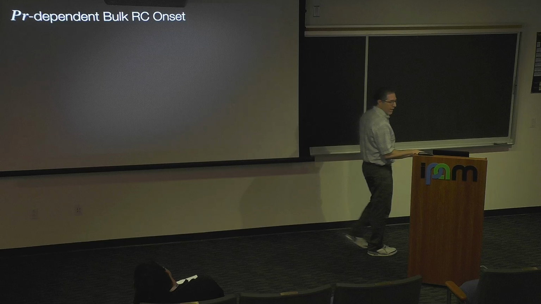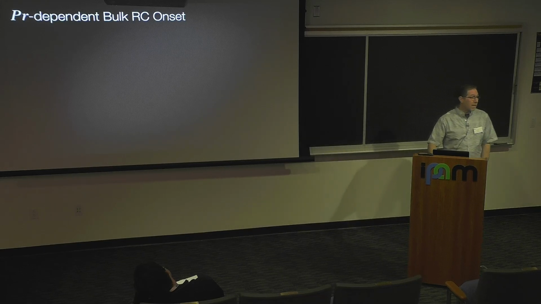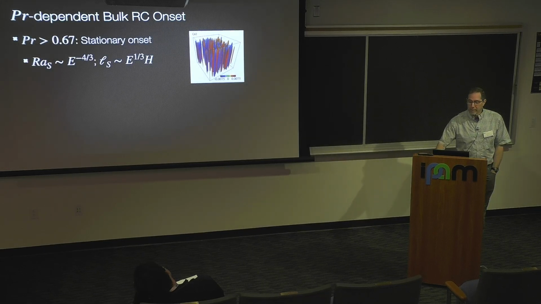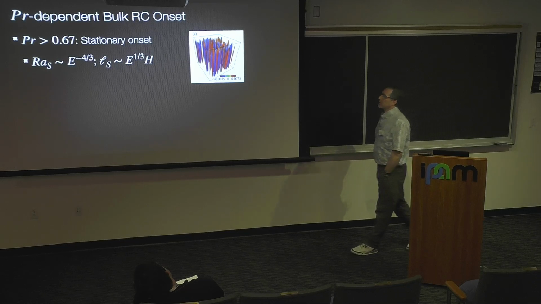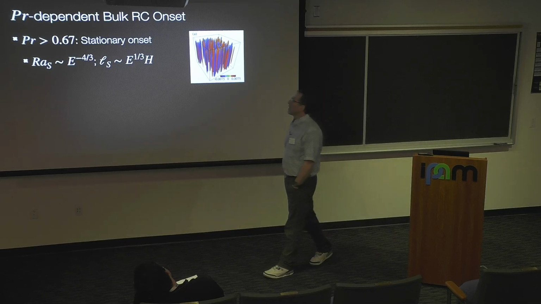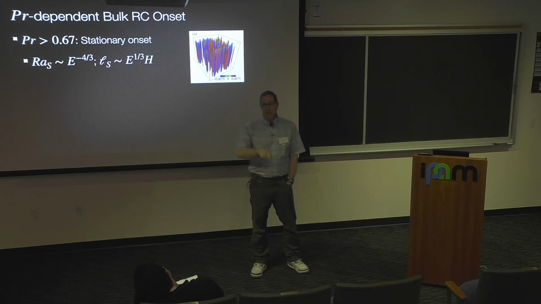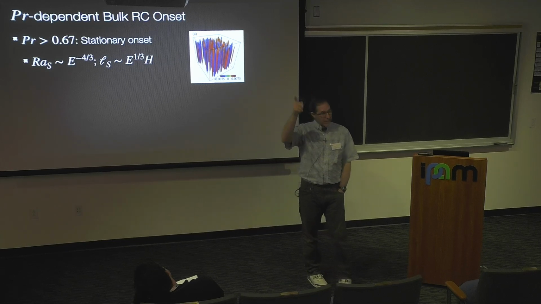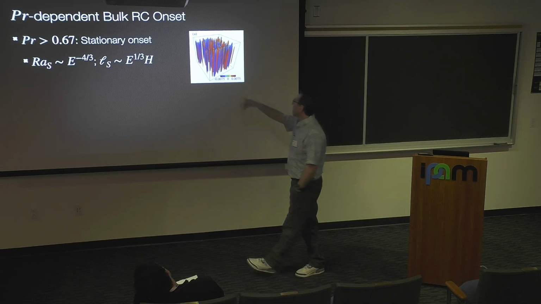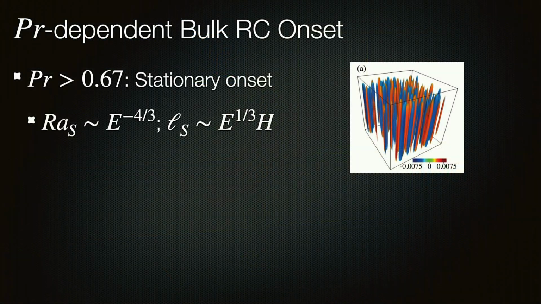So I'll go right to Prandtl dependent onset of convection. Okay, if the Prandtl number is greater than about 2/3, then rotating convection tends to onset via stationary motions. Upwellings and downwellings that are stationary at onset, beautiful lattice of up and down flows, and the Rayleigh number at which this occurs scales as Ekman to the minus 4/3.